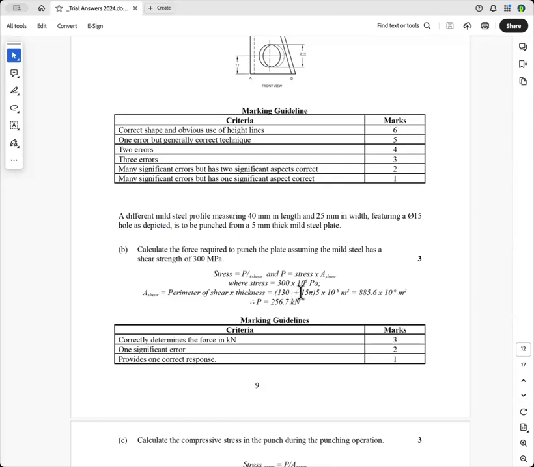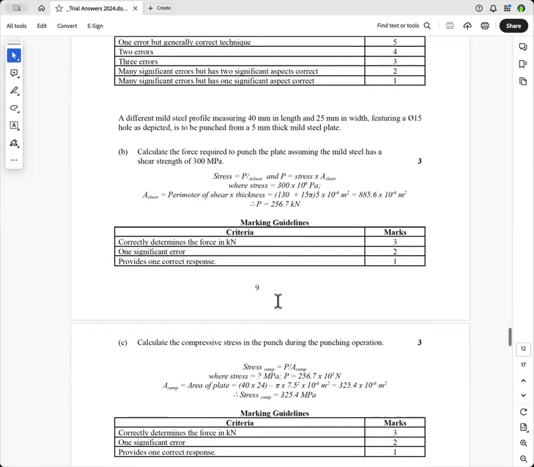And so the perimeter is pi d. And so you've got 15 times pi. You've got to multiply it by the thickness and bring it to meters squared. So you multiply by 10 to the minus 6. And so you get the force required is 256.7 kilonewtons, which is equivalent to about 26 tons mass. So it's a fair force to punch that.